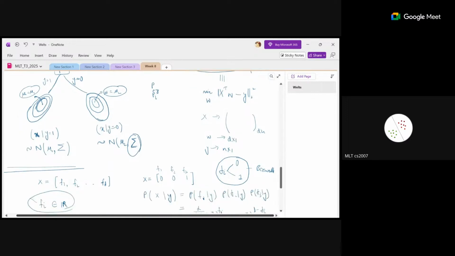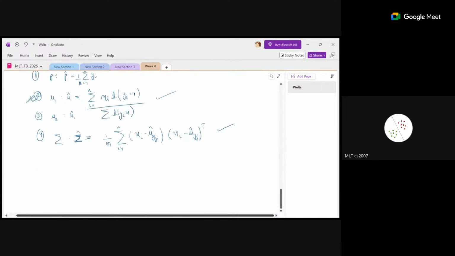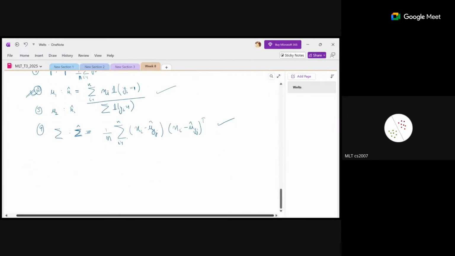So now, if we look at the decision boundary in the case of naive Bayes, it still turns out to be linear, assuming the same variance for both the classes. Even for Gaussian naive Bayes, in case the covariance matrices are the same, if sigma is the same for both the classes, then my decision function turns out to be linear.